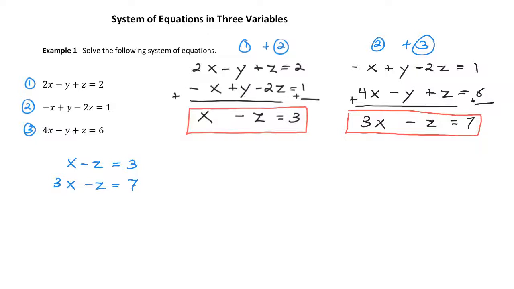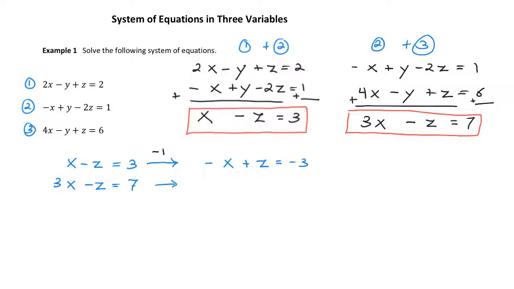I'm going to try to cancel the z's. I'm going to do that by taking the first equation and multiplying it by negative 1. That way I'll have a positive z in the first and a negative z in the second. So that's negative x plus z is equal to negative 3.